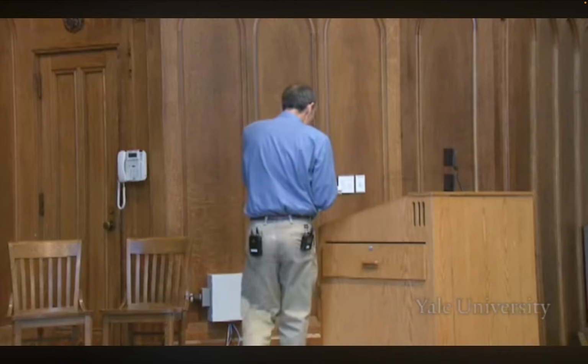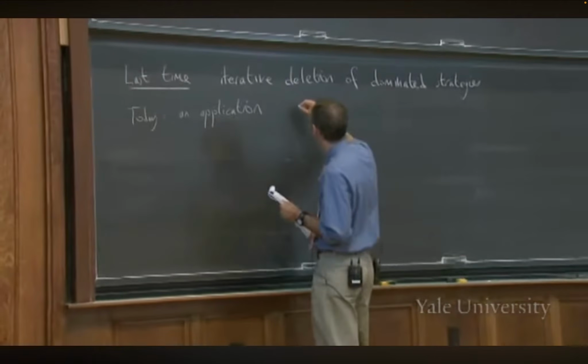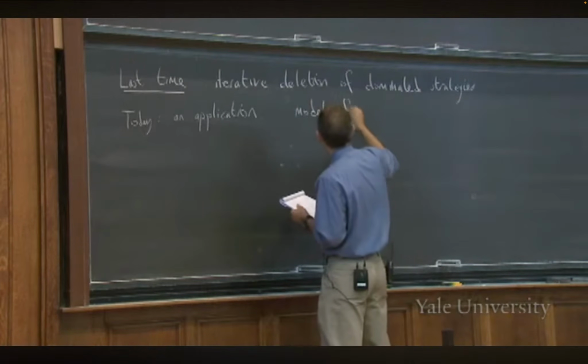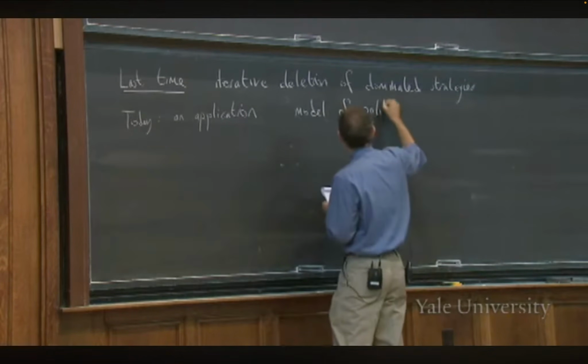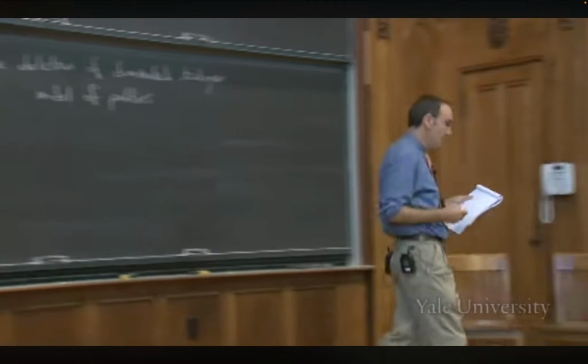So today I want to be a little bit less abstract, if you like, and I want to look at an application. I want to look at a famous application from politics. So we're going to look at a model of politics. And the idea is going to be this.